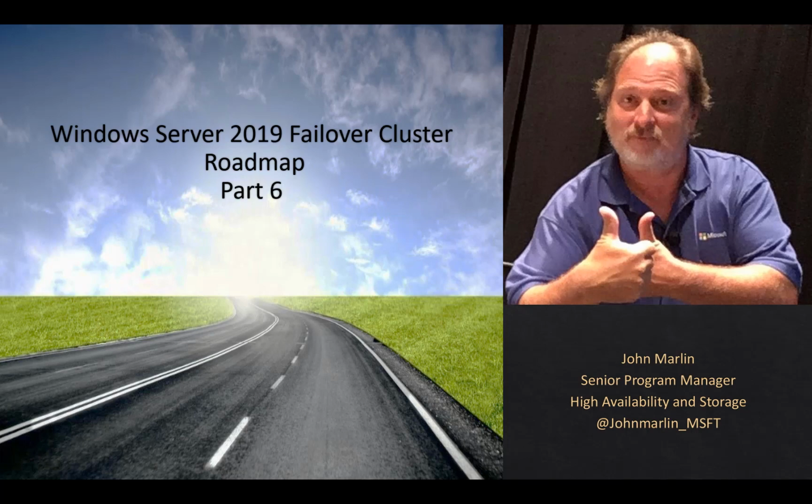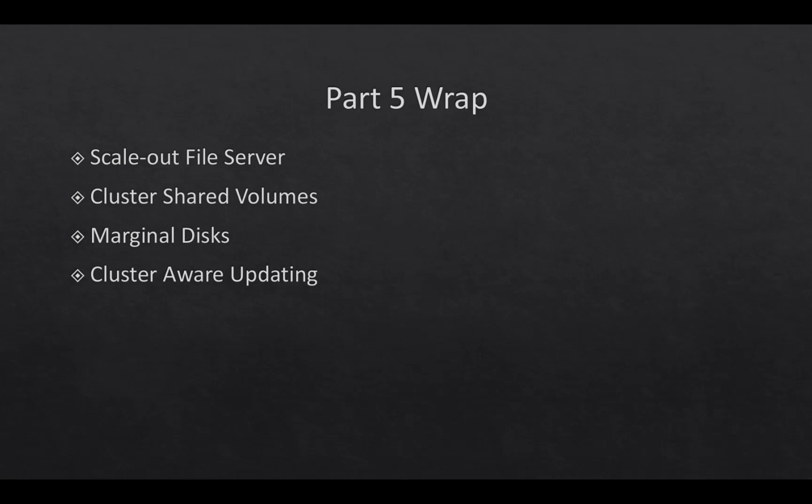In Part 5, we talked about scale-out file server, moving connections on Connect, cluster shared volumes, 1 gig cache as a default, secure SMB connections between the two, marginal disks where we'll start reacting to disks that are starting to go bad, and cluster aware updating.